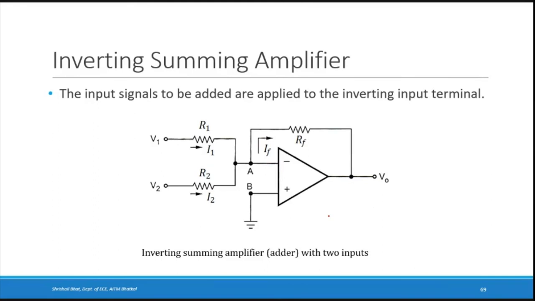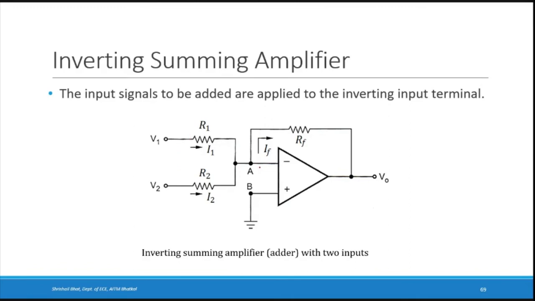The circuit you can see is a 2-input inverting summing amplifier. There are two inputs, V1 and V2, and you are connecting them to the inverting input terminal. This circuit is similar to that of an inverting amplifier, but instead of having only one input Vin, we have two inputs, V1 and V2.